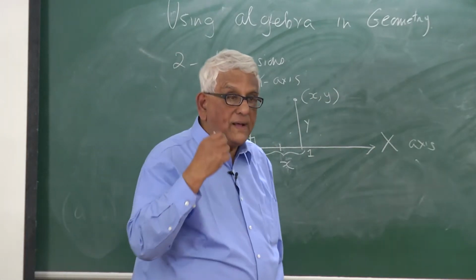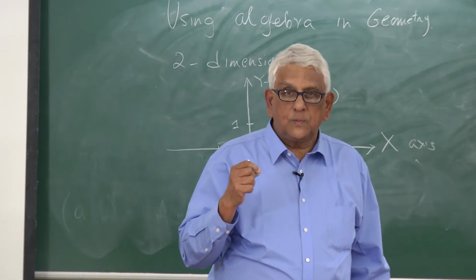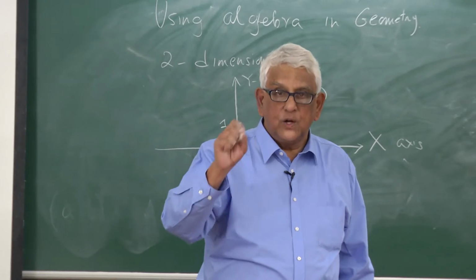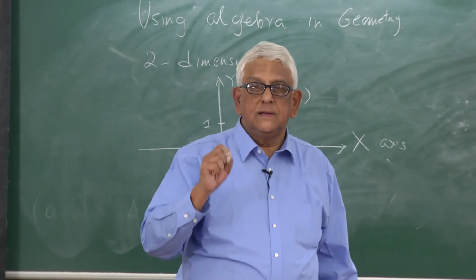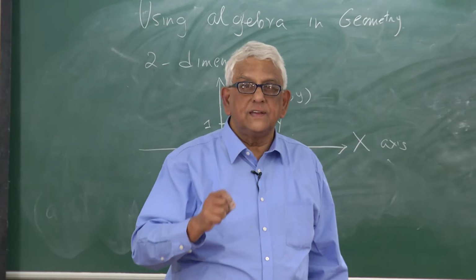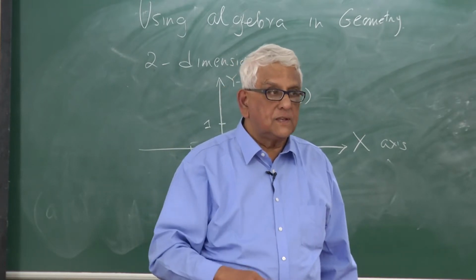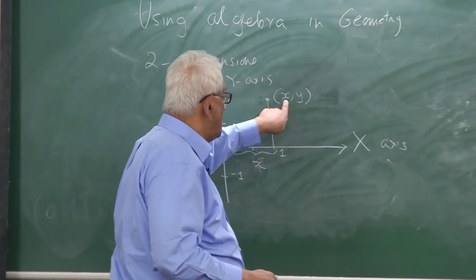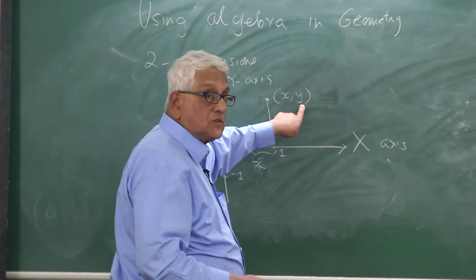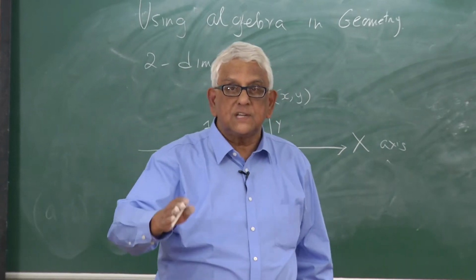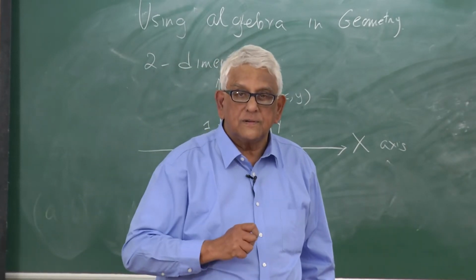Right. So by this one step, what we've done is we have started describing points using algebra, using symbols. We're not just drawing pictures, but now we have a symbol, and so we can say this is 1 inch and this is 2 inches. This could be 5 inches and 3 inches. So each time we do that, we get a different point.